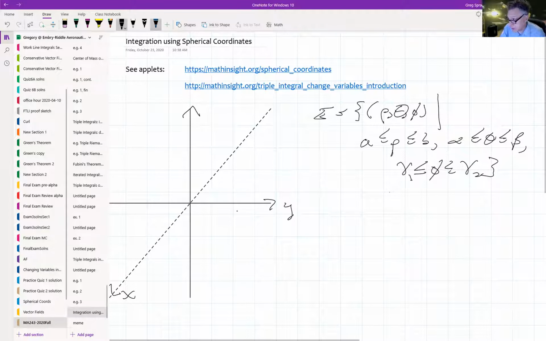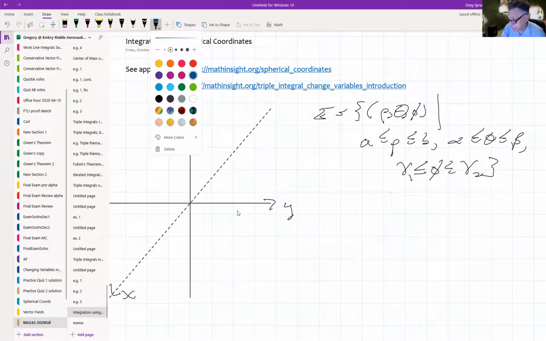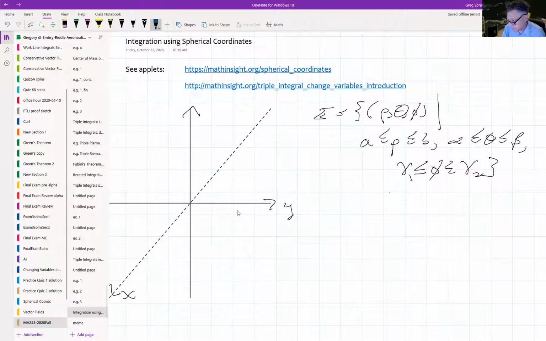So what does such a set look like? Okay, so this is like a box. That's terrible. Let's try that again.